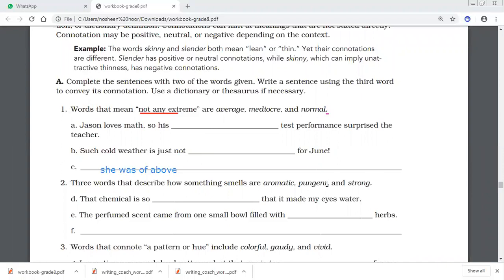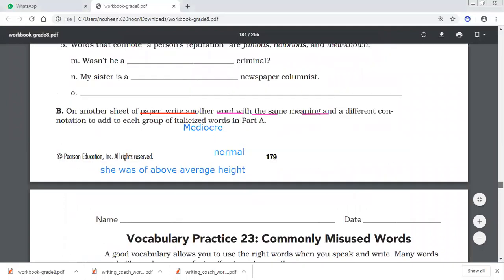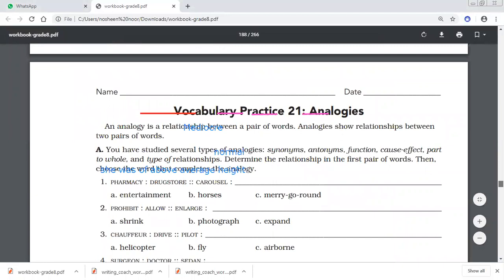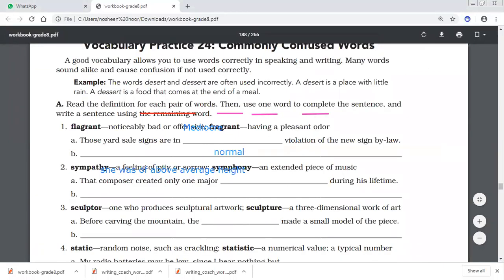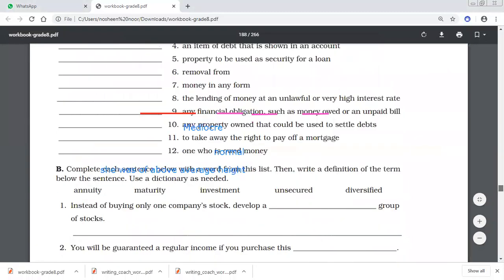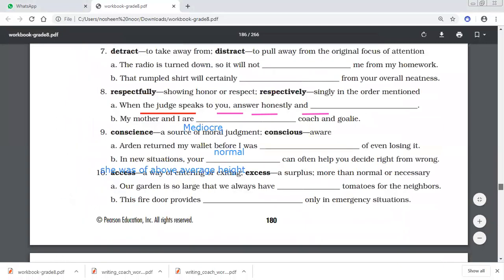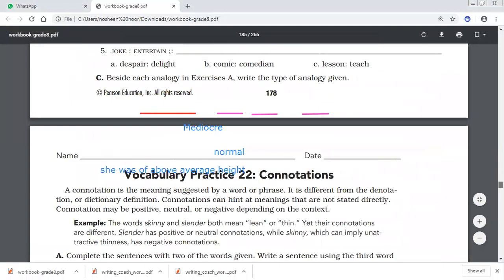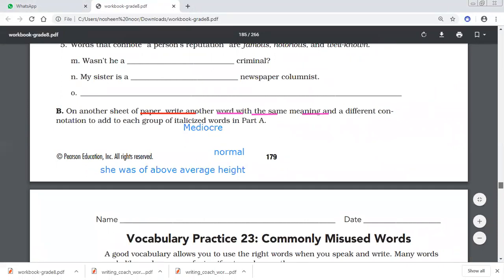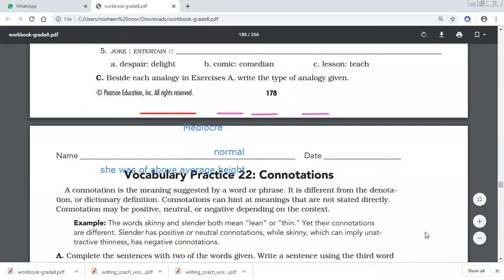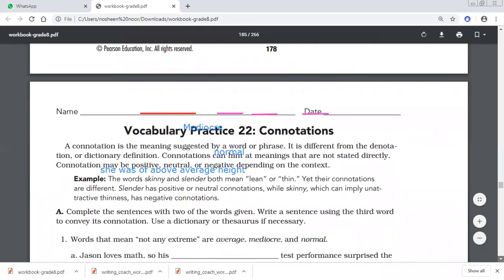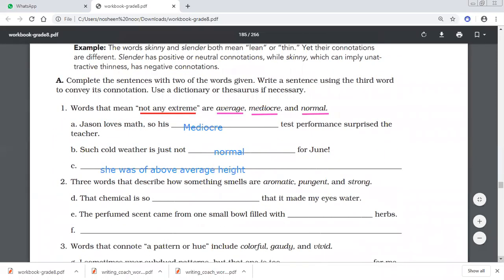I will send the link on the WhatsApp group. Just click it.